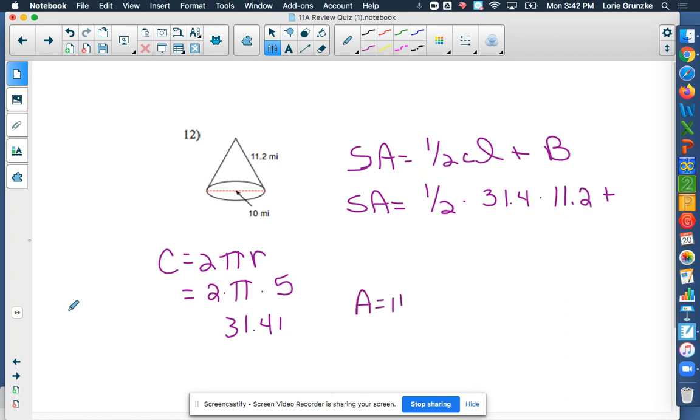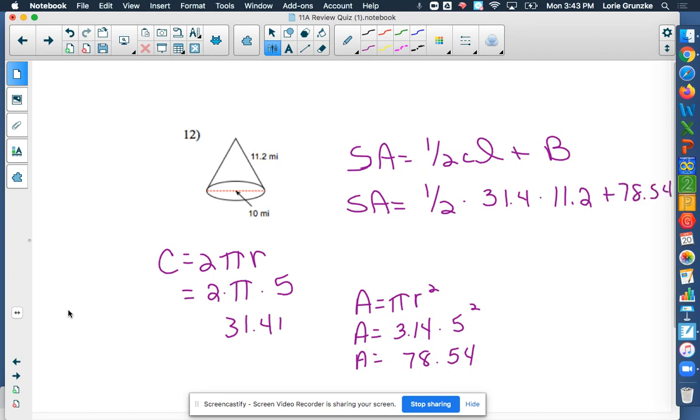Area equals pi radius squared. I'm going to lose that other number. Well, we'll be fine. Okay, 3.14 times 5 squared. So you're going to go your pi symbol times 25. 78.54.